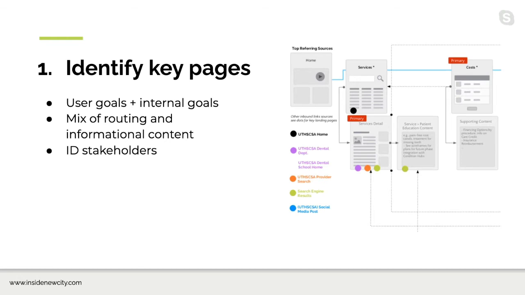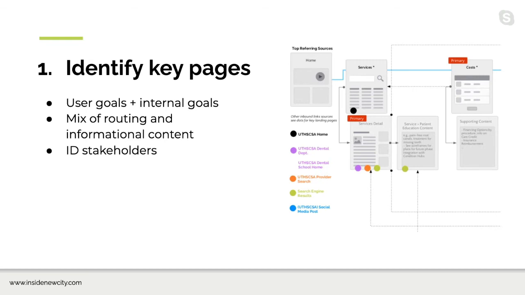So identifying those key pages is really the place to start. You're not going to need to do these processes with everything on your site, but there are going to be some that you really have to take a close look at, and people are going to need help with, whether they belong to someone specific or multiple groups, or you have all the autonomy of your own website, which would be nice.